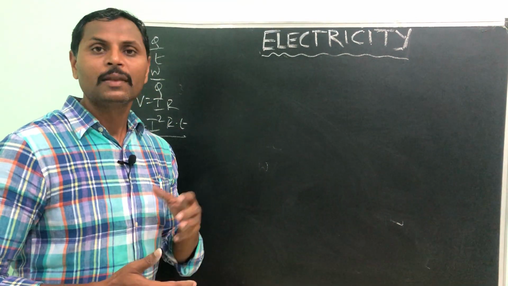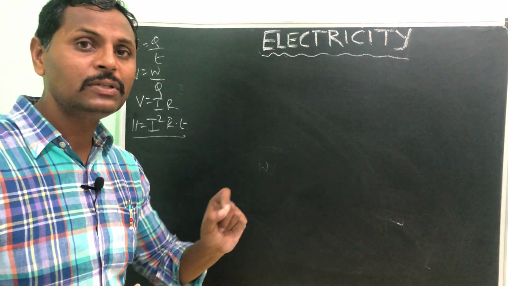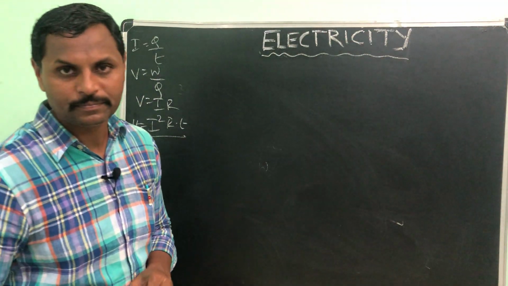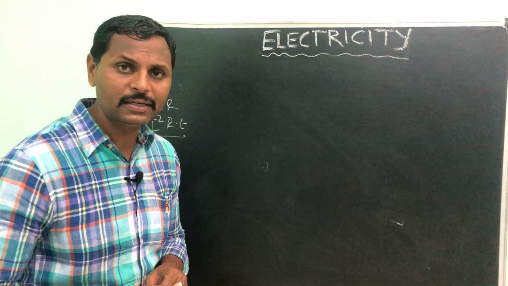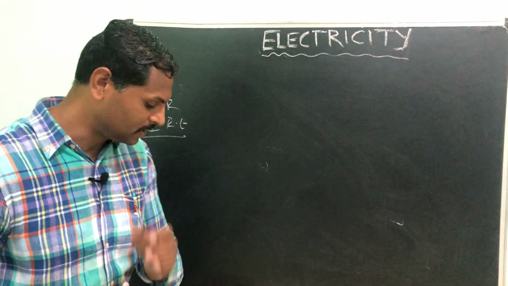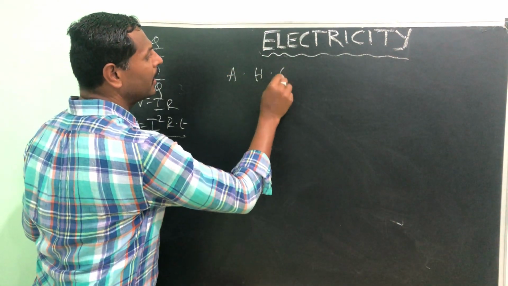Like this, we have studied Joule's heating effect. Then where we are using this heating effect in our day to day life, that means applications of the heating effect, we will see that also.